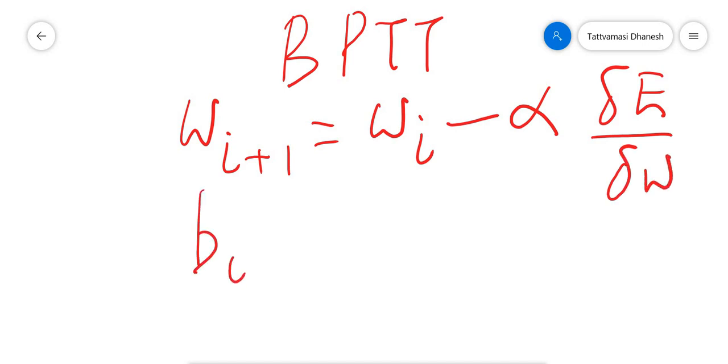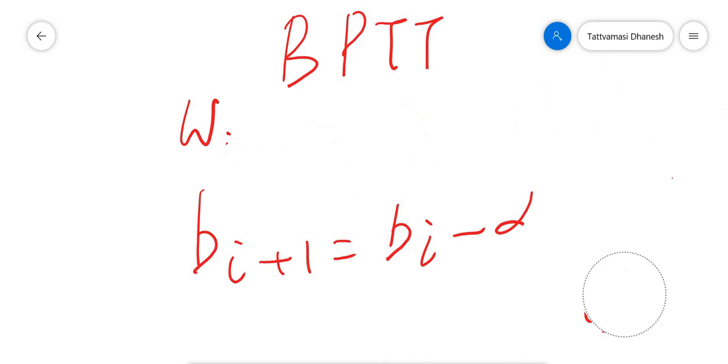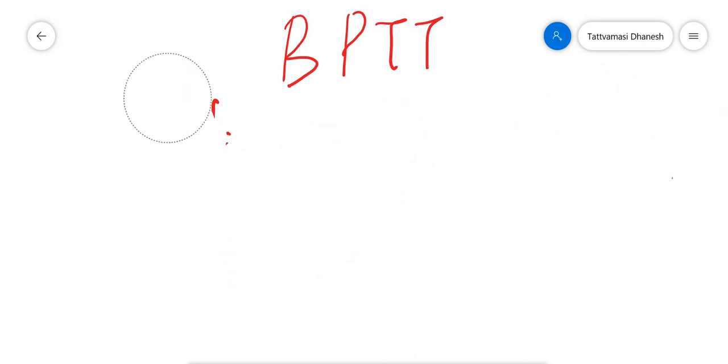For bias, B of i plus 1 is equal to Bi minus alpha into dou E by dou B. Here alpha is the learning rate, ranges from 0 to 1. You know it. So these are all the equations you need to use in the backpropagation algorithm.